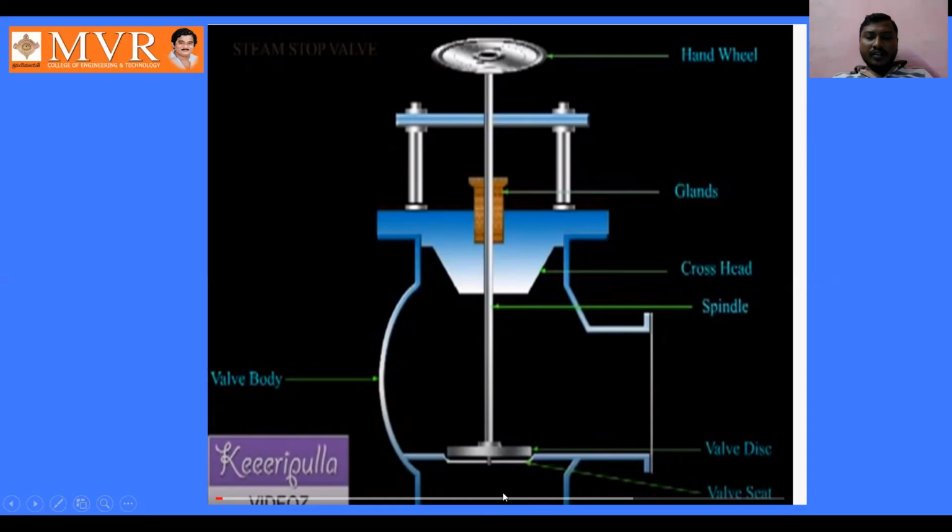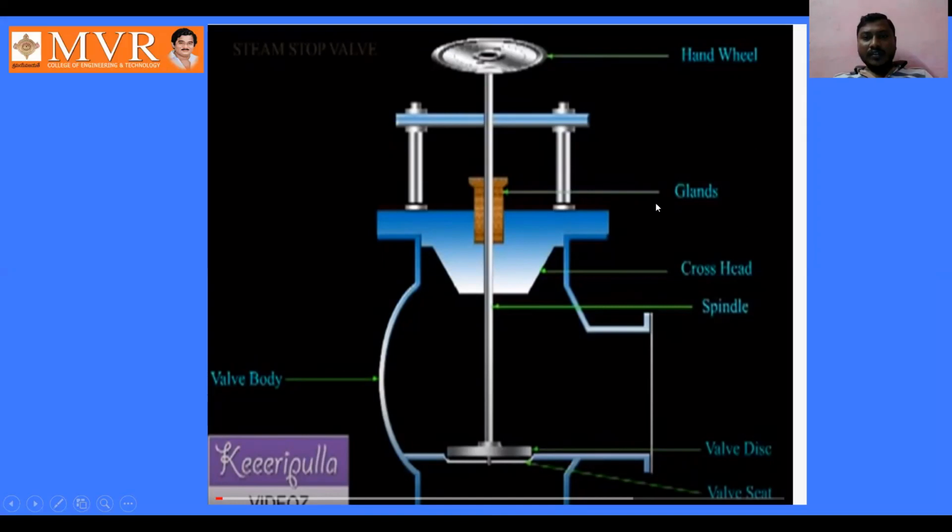When the hand wheel rotates, the valve disc opens and the steam is going to escape into this valve body.